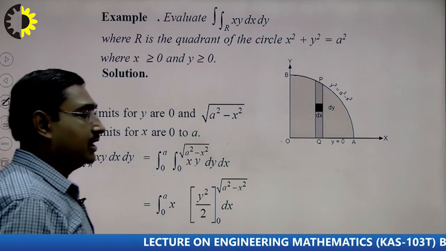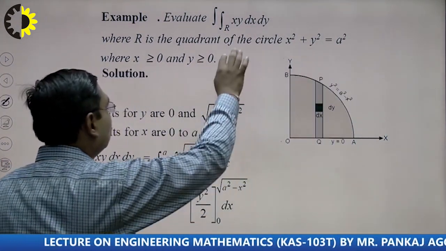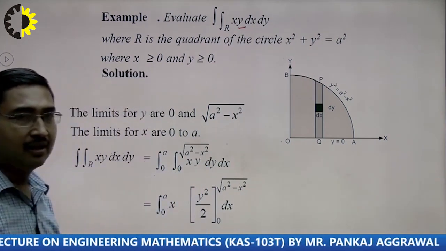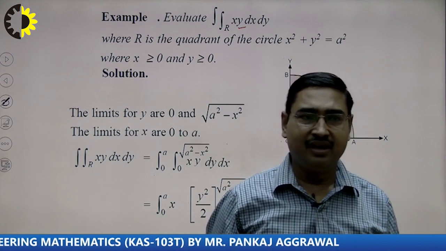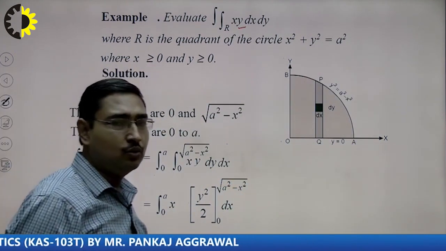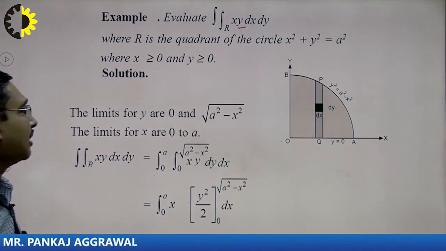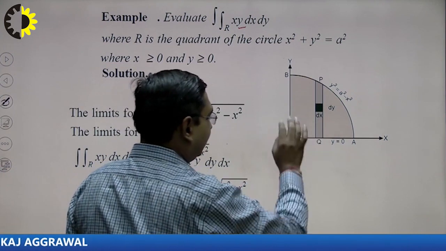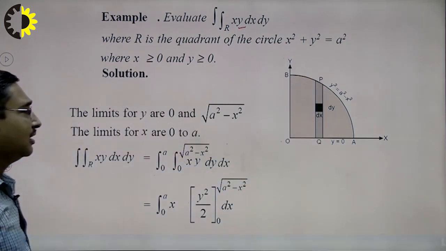Let me once again explain how we calculated the limits. We were supposed to evaluate this double integral. Whenever limits are not mentioned, we will definitely be provided an area called the region of integration, and we shall use that area to find the limits of the double integral. This was the area. First of all, we considered a vertical slice.